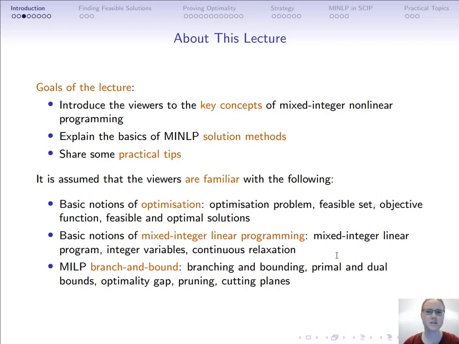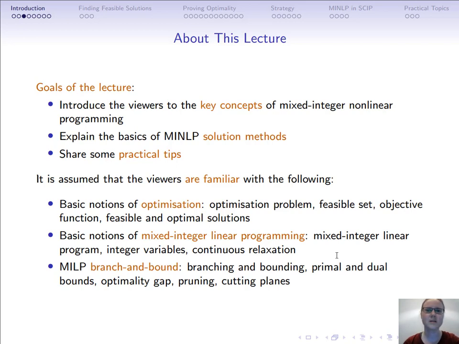Because this lecture is a part of a larger course, it is assumed that the viewers have already listened to some of the previous lectures and are familiar with the material presented there. First of all, the viewers are expected to be familiar with some notions of optimization, such as what an optimization problem is, what is its feasible set and how it can be defined, what an objective function is, what are solutions, and so on.